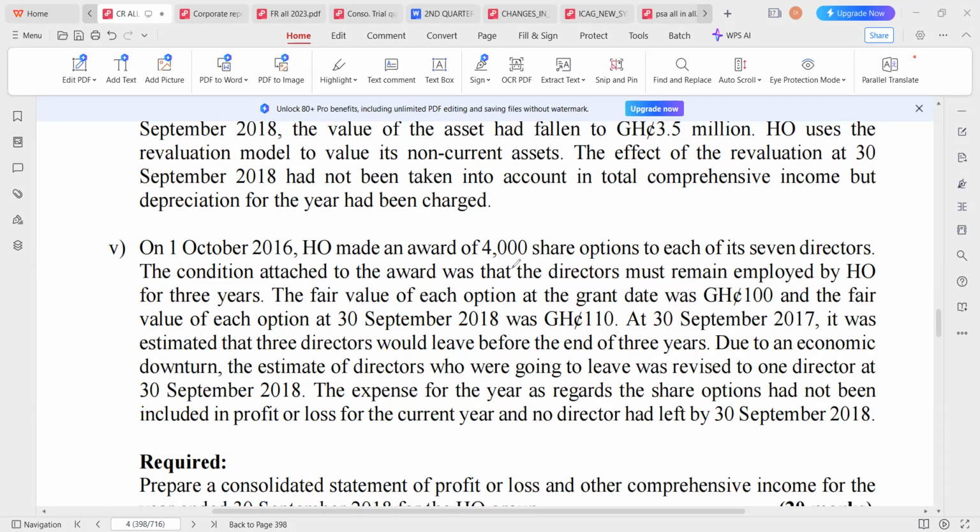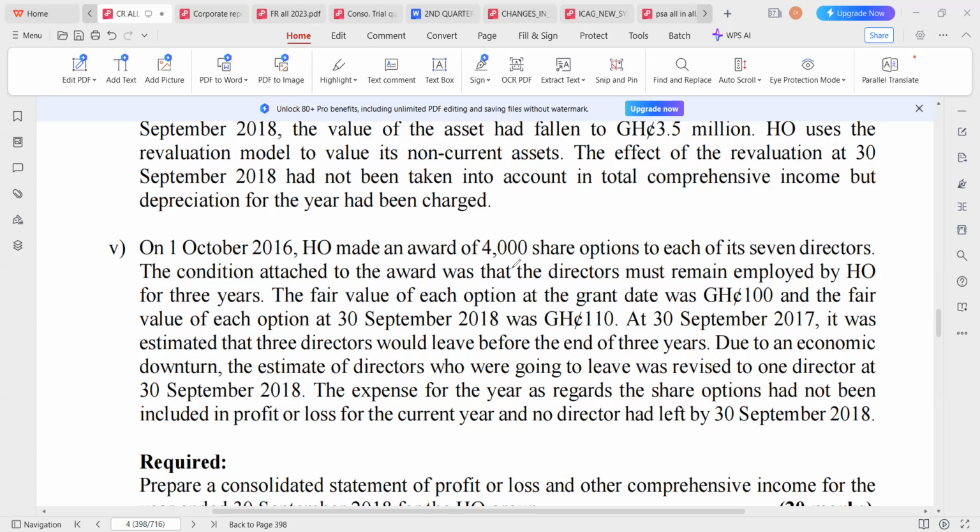So that is why, on good news, examiners try as much as possible to let complex IFRSs affect parents, so that even when you are unable to do it, your consolidation issues will still be the same. So note 4 and note 5 have nothing to do with the consolidation issues. They only affect the parent.